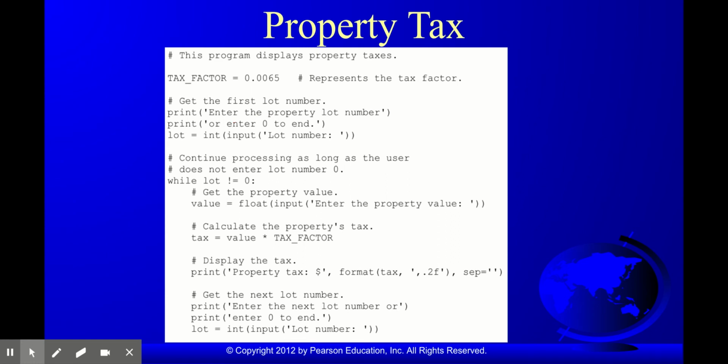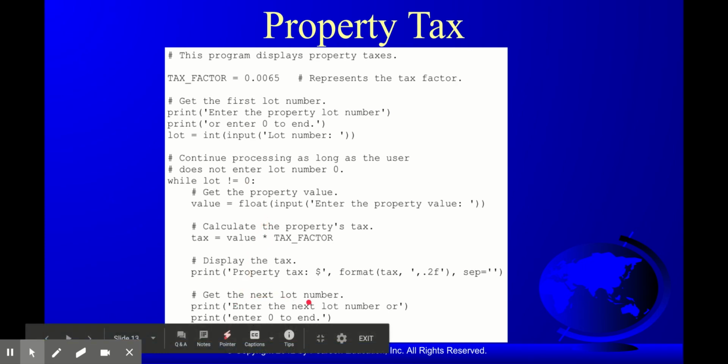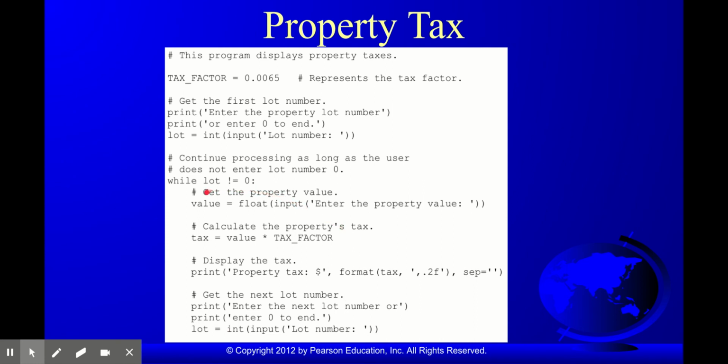So you always want to set the value before the while loop. Otherwise, it'll become an infinite loop. As long as the user input is not equal to 0, it'll run through this while loop. The minute the user enters a 0, this statement will become false, and it'll exit the while loop.